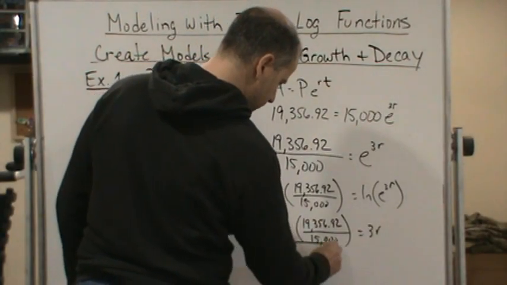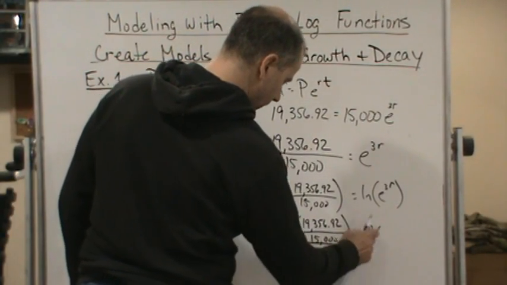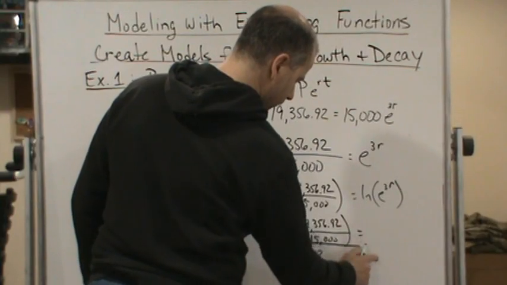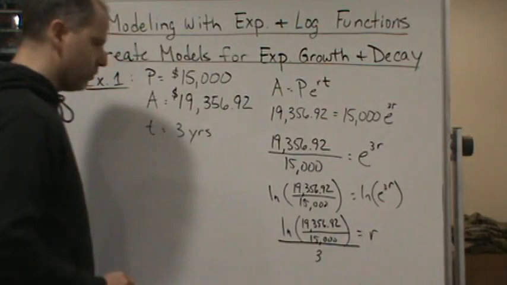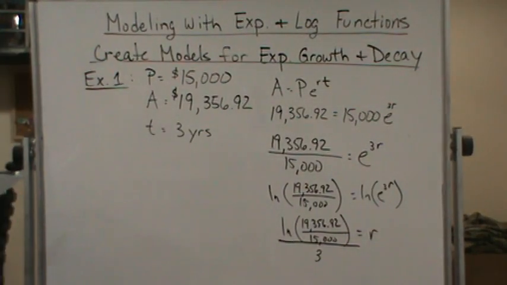We divide both sides by 3, and we're done. So this is what we get for r. Again, we want the average rate of change under continuous compounding, so let's see what we get when we put this in the calculator.